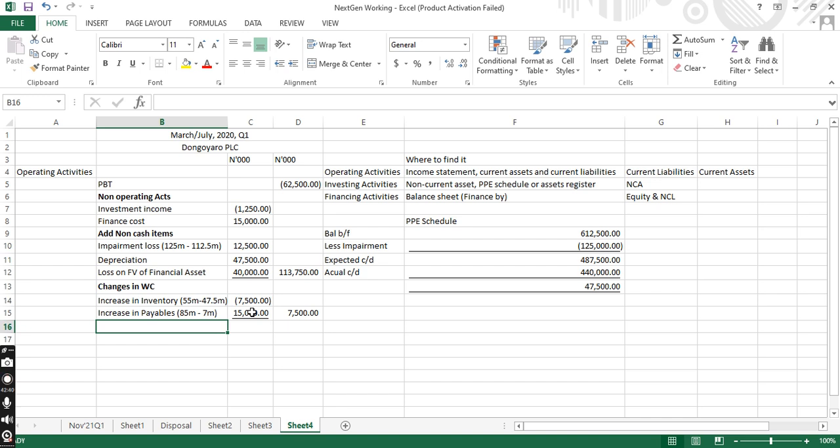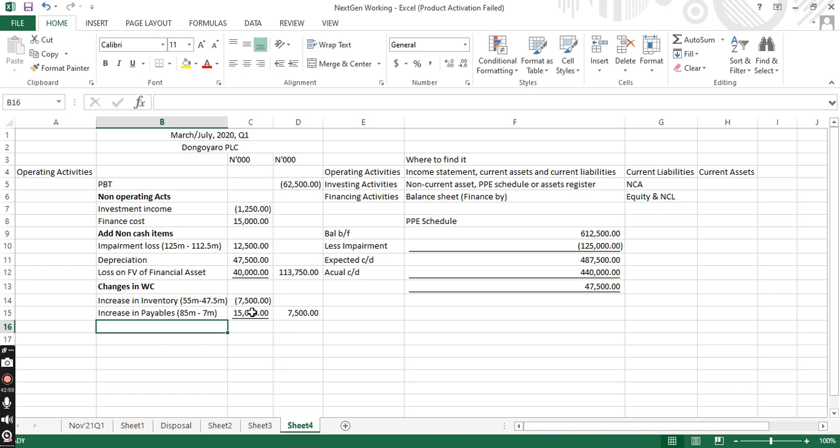In my own solution, I'll be putting it under operating activities. That's the way I've always done mine, even in my ICAN diet when I was writing my FR, where question number one was the cash flow statement.